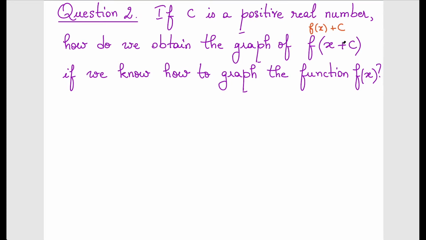Over here it's different. What we have here is we're adding to x a constant c, okay? And then f operates. So the timing is different. Here I'm adding to the input x a constant c, and then f is operating on that sum.